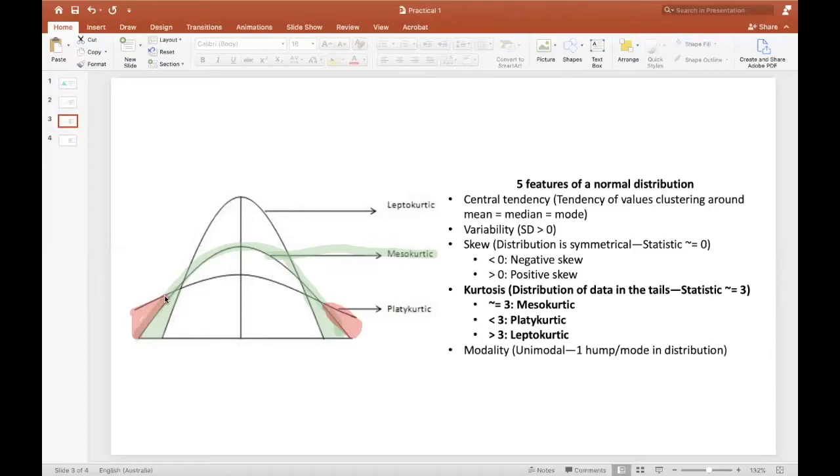And finally, a leptokurtic distribution means that you do not have very much data represented in these tails, and usually the peak will be much pointier. That's considered leptokurtic. And again, that is represented in Stata by values greater than 3.